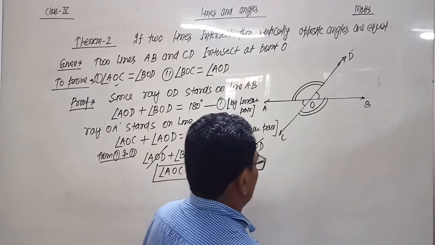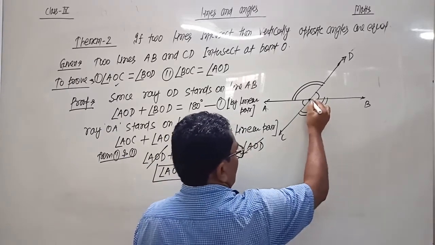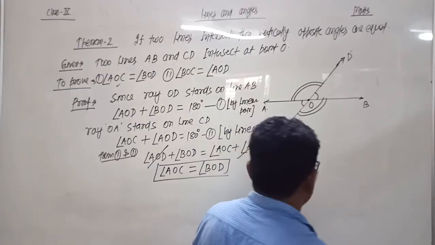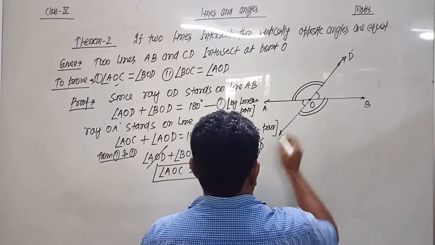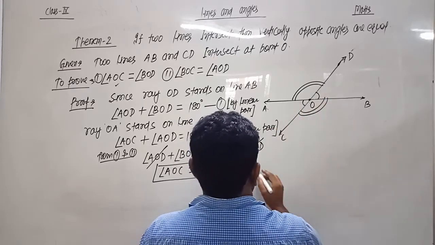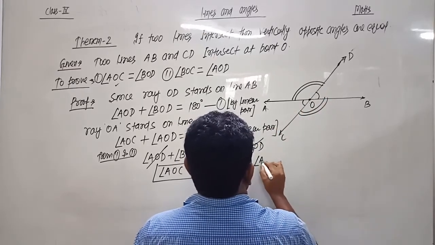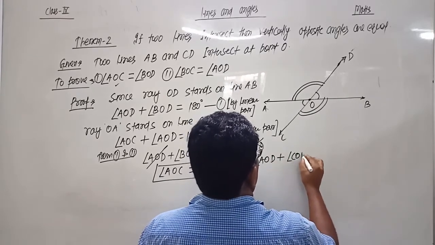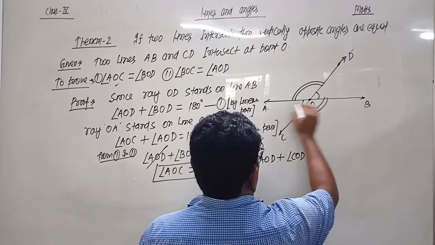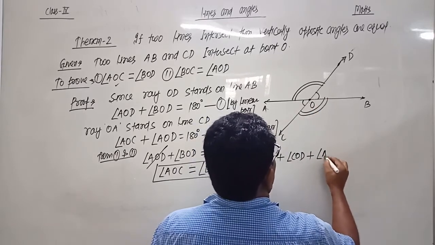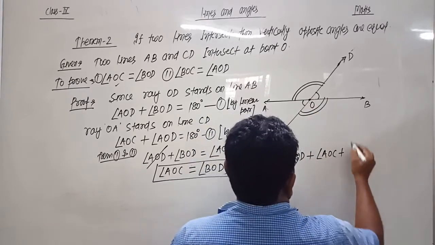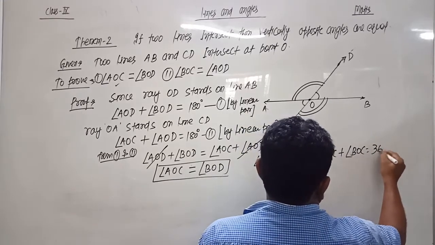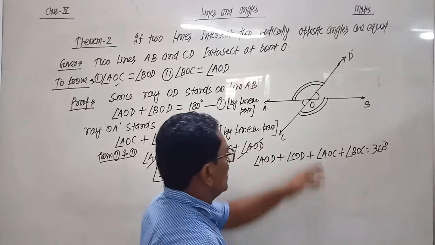Now for the second part, we know that at a point the total angle formed is 360 degrees. So we can write that angle AOD plus angle COD plus angle AOC plus angle BOC equals 360 degrees.